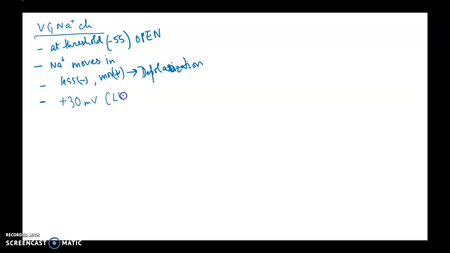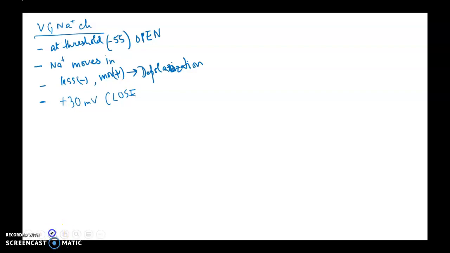That's when these channels close at positive 30. Really important to remember. I want you to memorize these, and this will help us going over the action potential. All right.